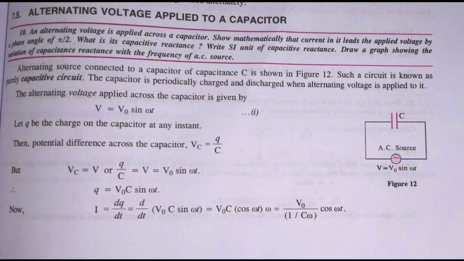Then we know that the current for a small amount of charge flowing through it is dq divided by dt. Just replace the value of Q with the formula V naught C sine omega t. Doing the derivative, we come to the equation: V naught cos omega t divided by 1 upon C omega.